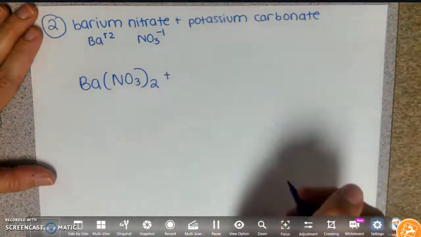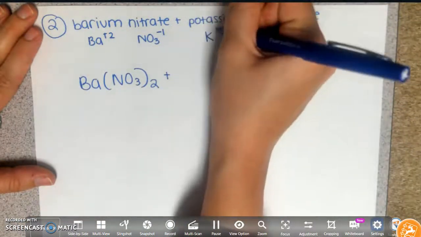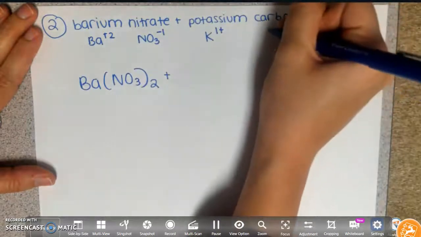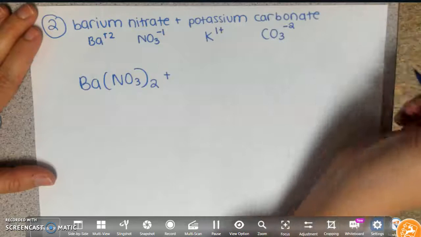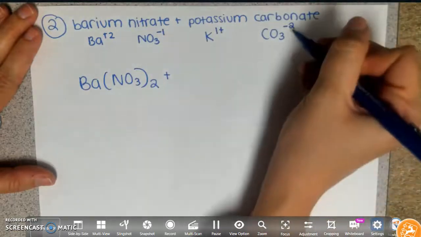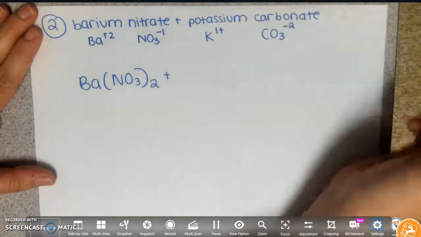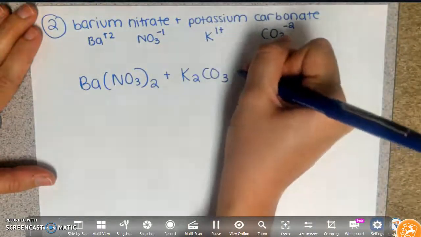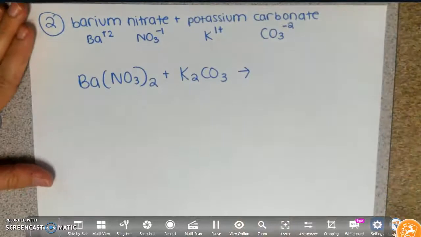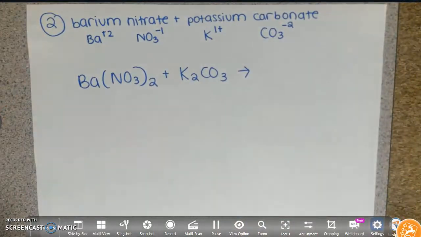Plus potassium carbonate. Potassium is K1 plus, carbonate is a polyatomic CO3 negative 2. And so we'll need 2 potassiums because carbonate's a 2, potassium's a 1. So K2CO3 arrow.